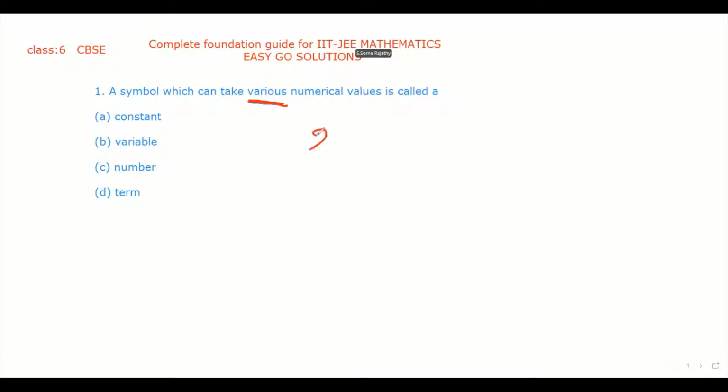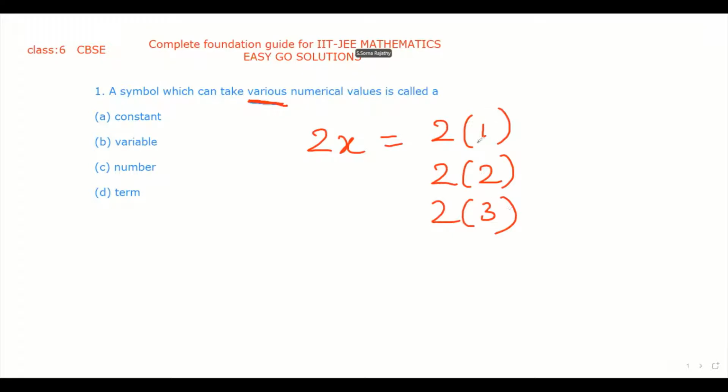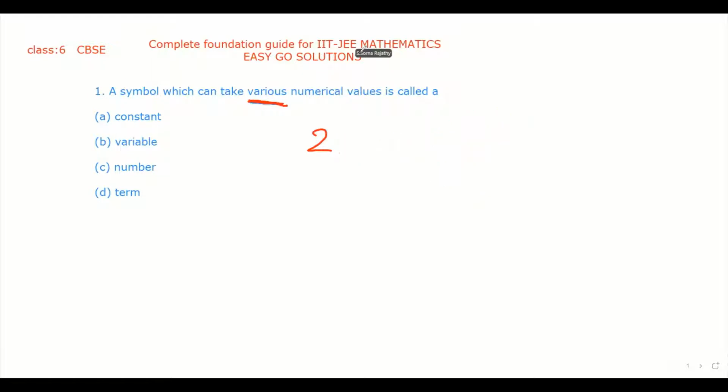Suppose you have 2x, you can give x the value 1 or 2 or 3 and it goes on, so the value keeps changing. A number is again a number, and a term is like 7x, 2x, 3x. So a symbol which can take various numerical values is a variable.